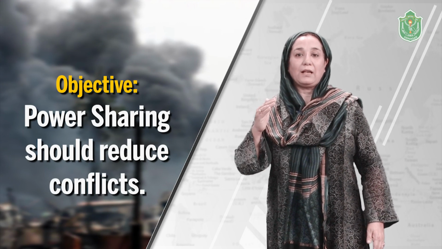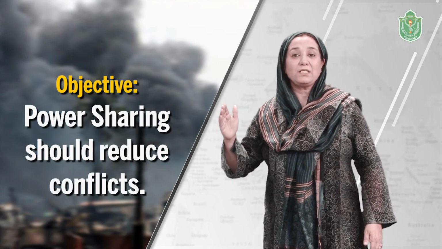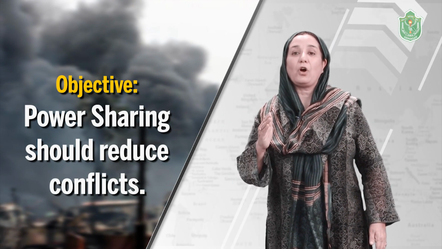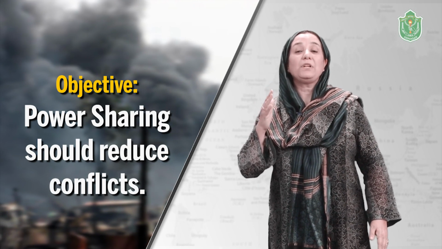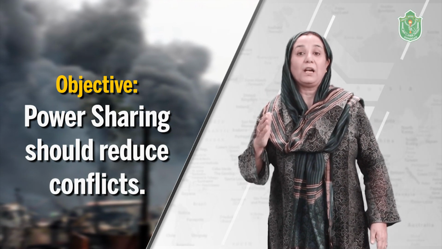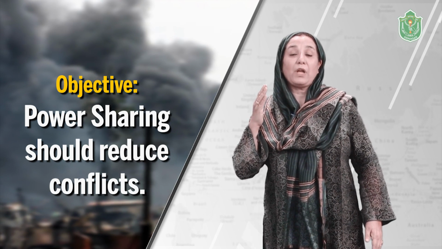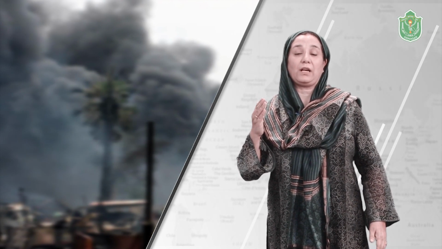Now let's go back to our objectives. The objectives are that power sharing should be such that it would reduce conflicts. It would enable countries to live together. It would bring peace in the countries.